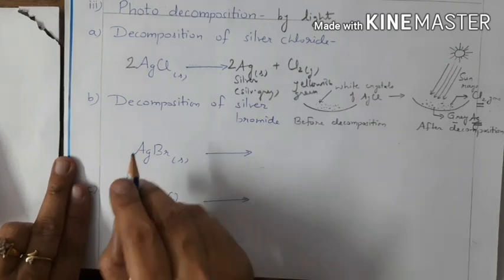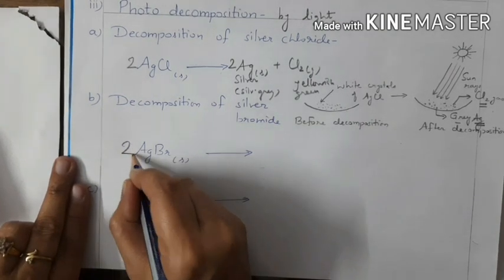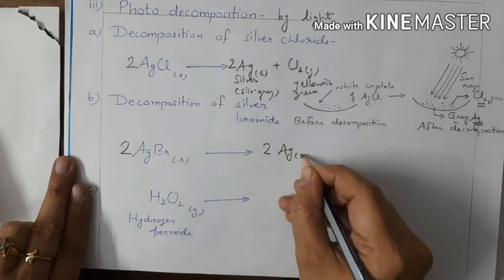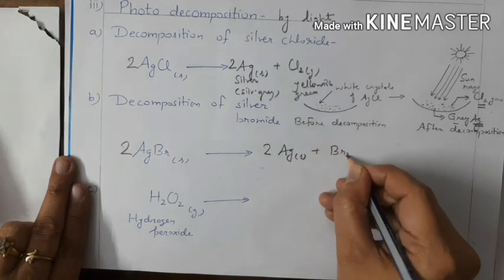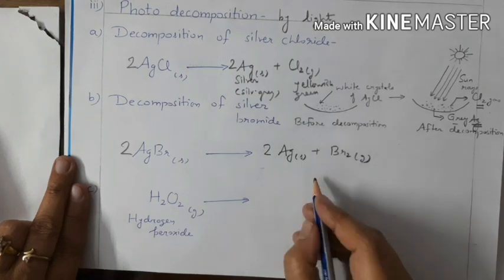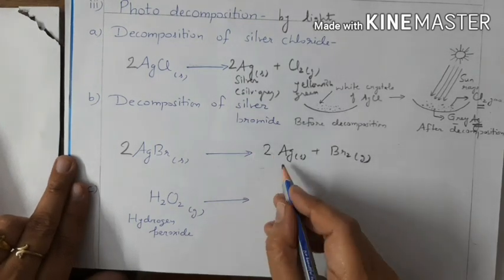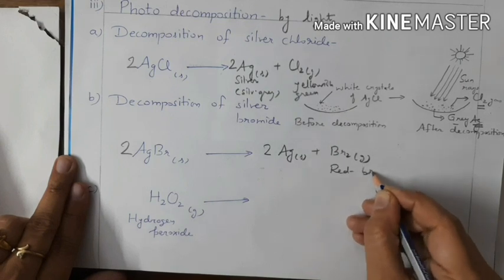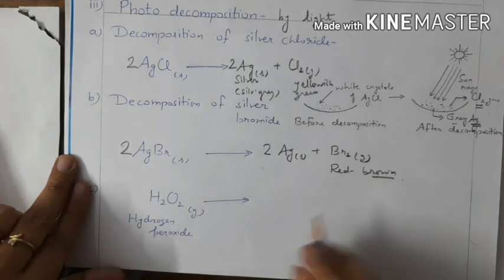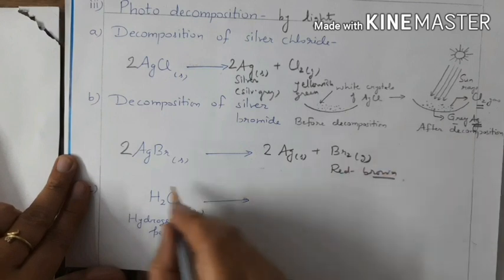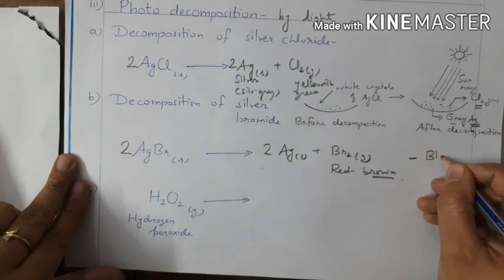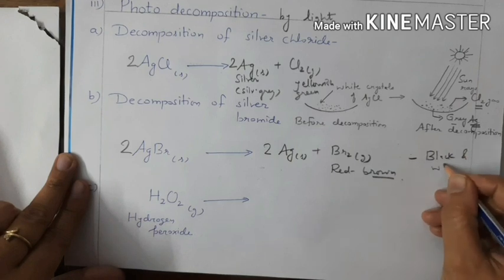Similarly, silver bromide, when kept in the sunlight, will break down into silver and bromine gas is evolved. Silver is a silvery gray colored substance, while bromine gas is reddish brown. These reactions form the basis of black and white photography.